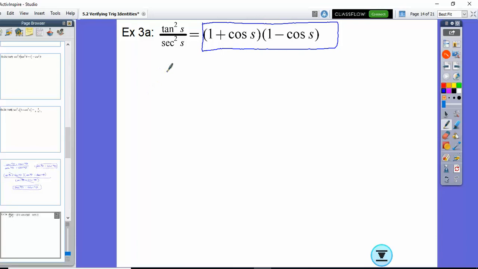What could I change tangent squared to? After a little flip chart, tangent, sine over cosine. What would we do with secant?